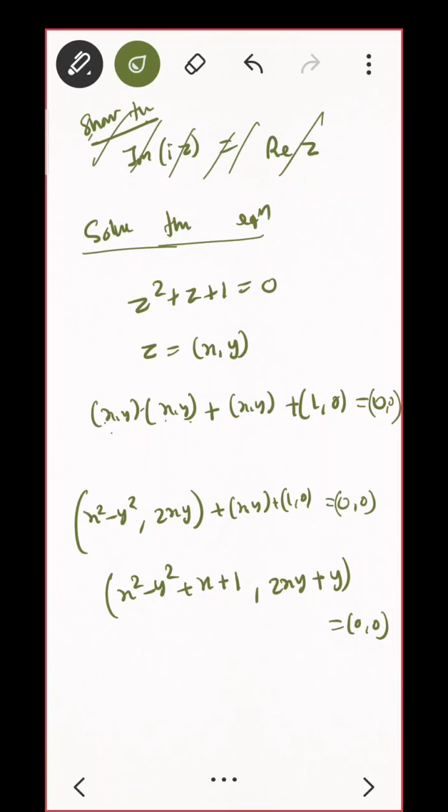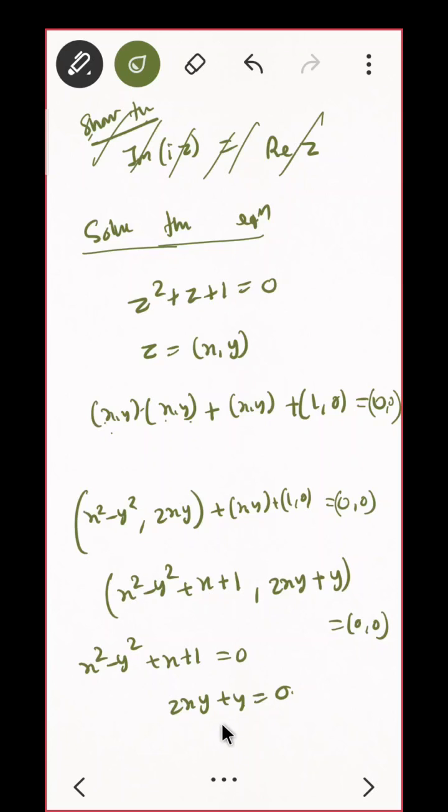So you just have to solve both equations and get the value of x and y. So this will be x square minus y square plus x plus 1 is equal to 0, and here you are having 2xy plus y is equal to 0.